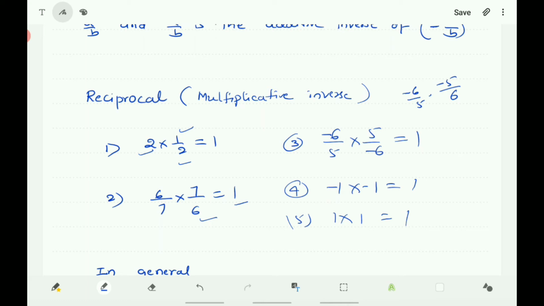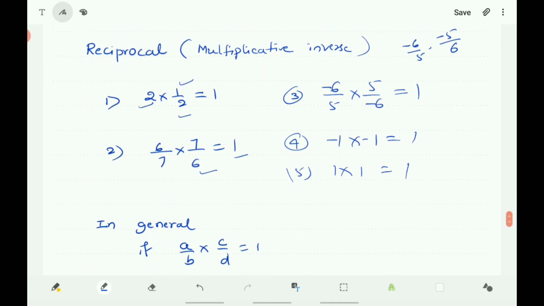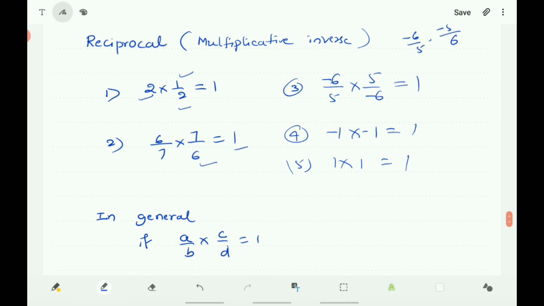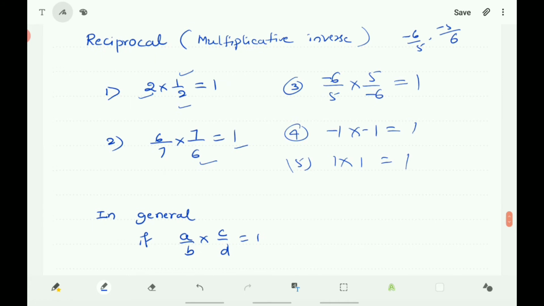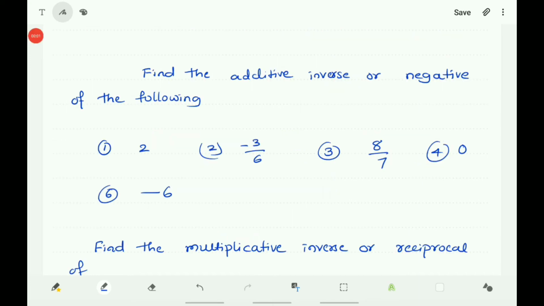The reciprocal or multiplicative inverse of minus 1 is minus 1 and the reciprocal of 1 is 1. Therefore you can say that in general, if a by b into c by d is equal to 1, then a by b is called the reciprocal or multiplicative inverse of c by d, and c by d is called the multiplicative inverse or reciprocal of a by b.